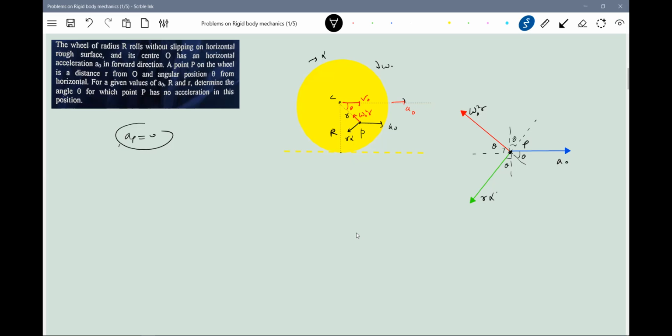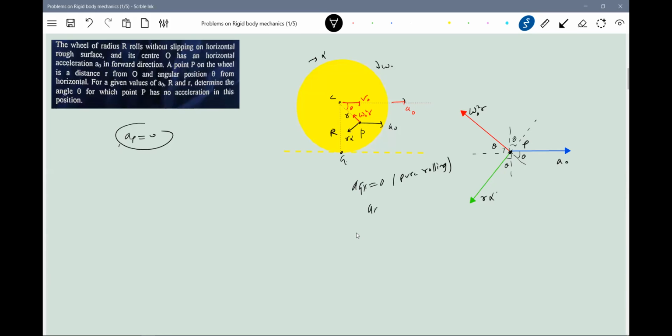What about point P on the ground? Linear acceleration, the acceleration along the x-axis will be zero. A_GX will be zero as it is pure rolling. Okay, I agree with this.